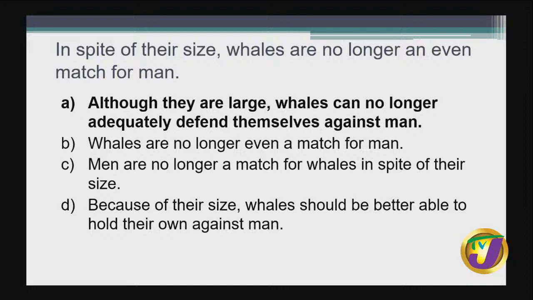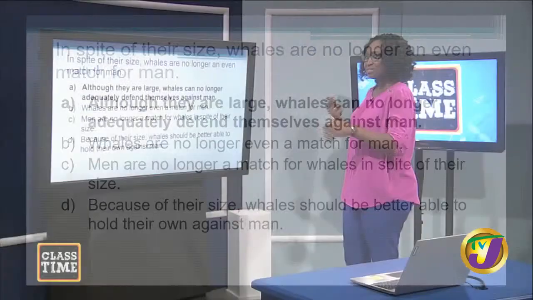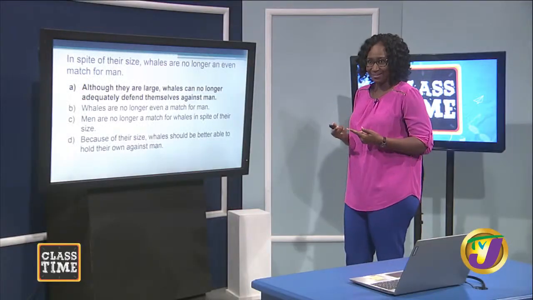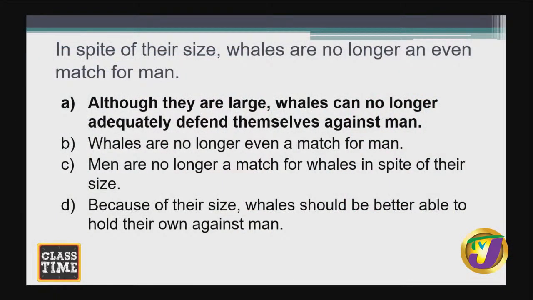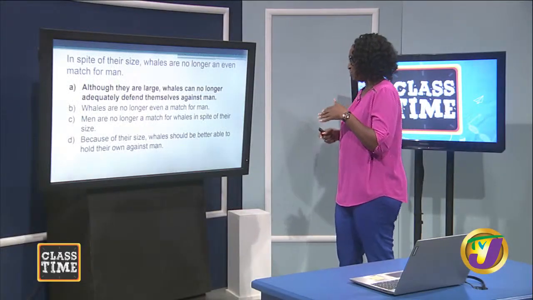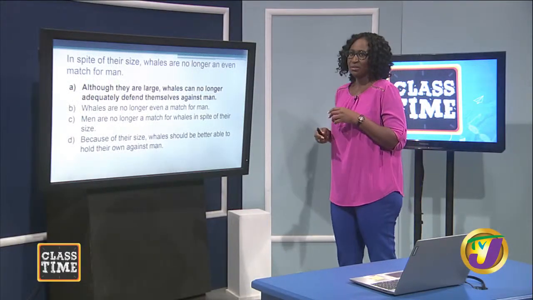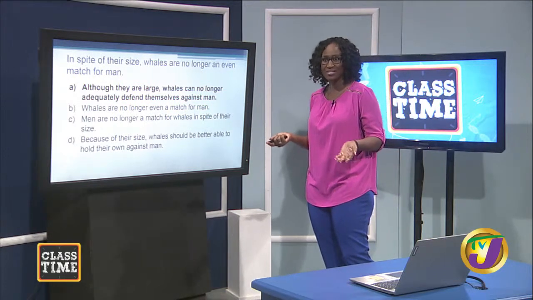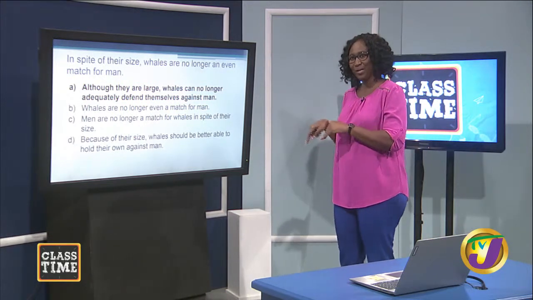Now, if you look at the rest, when it says whales are no longer even a match for man, it doesn't contribute why. It doesn't say why they're no longer a match. So we didn't get the idea of them being large. Now, it says in the next one, men are no longer a match for whales in spite of their size. That one definitely is not the answer because it is focusing on man and not the whale.